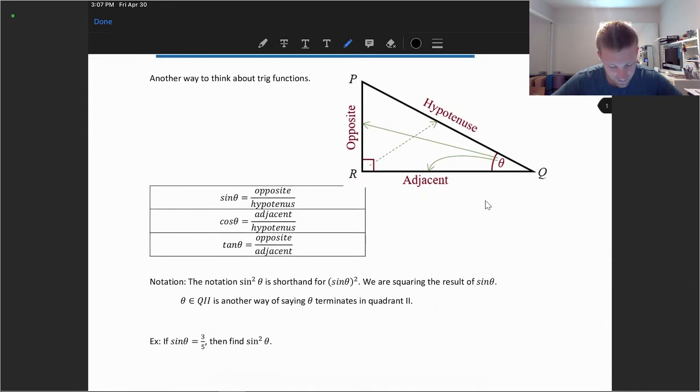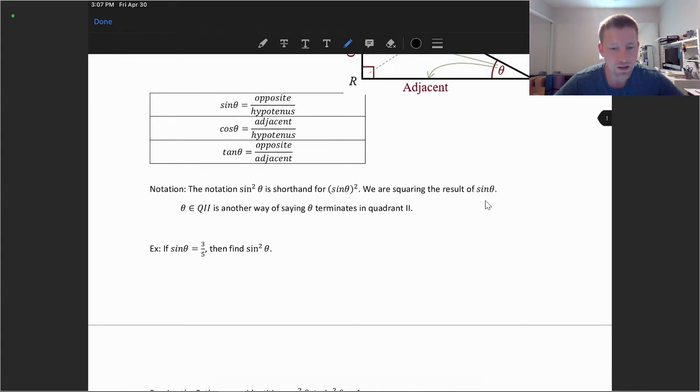Another little piece of notation is, again, that squared notation. When we write sine squared theta, in shorthand, we can say that that is the same thing as sine of theta quantity squared. So both of these are actually saying the same thing.